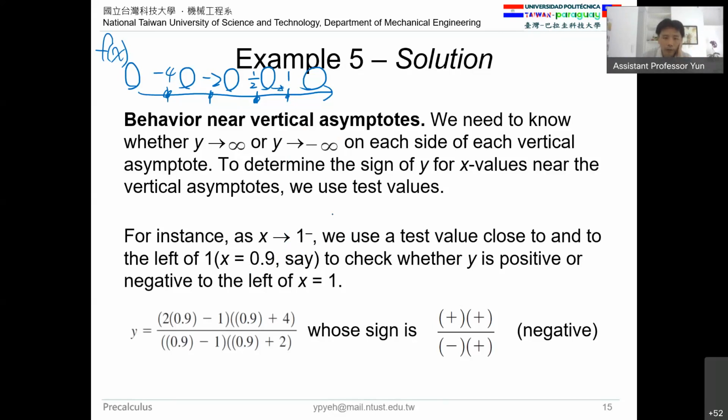Then we could find the function f of x, where f of 0.9 will equal 2 times (0.9 minus 1), and then x plus 2. Okay, so that's the original factored form of the function, right?